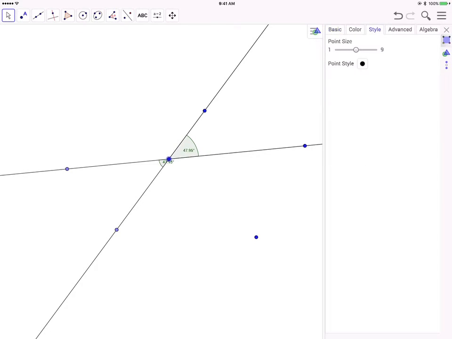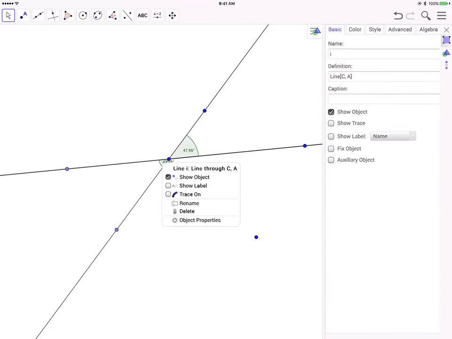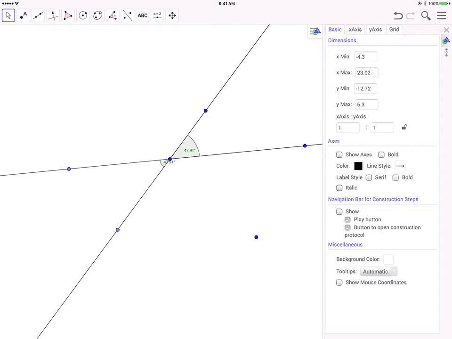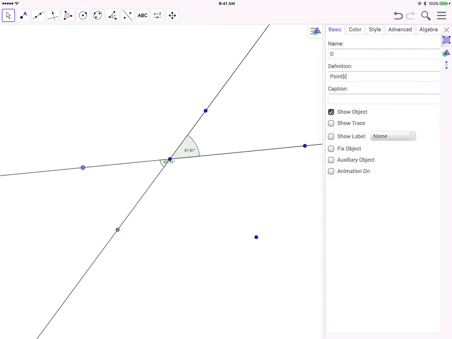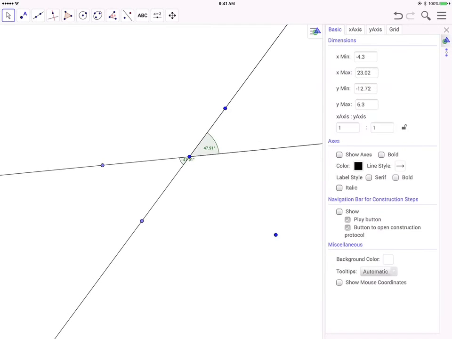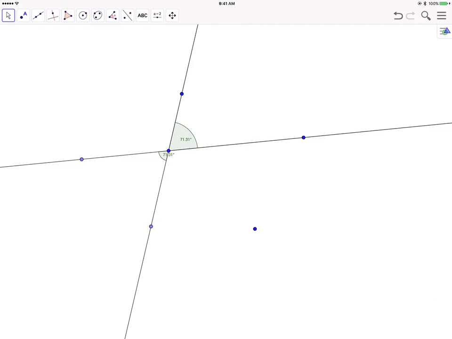Let's make that a little larger. Oh, it's the point, not the... Okay. Don't want to waste too much time here. I'll just show you the demonstration. I couldn't make it bigger, sorry.